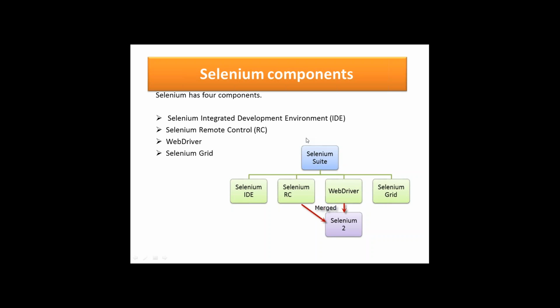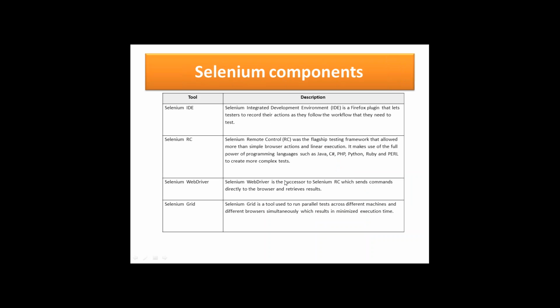Okay. Next one, Selenium Remote Control was a flagship testing framework. The initial popular Selenium tool is Remote Control, by which we can create advanced scripts using loops, data parameterization using Excel sheets, databases, and everything. But what is the problem with Selenium Remote Control?